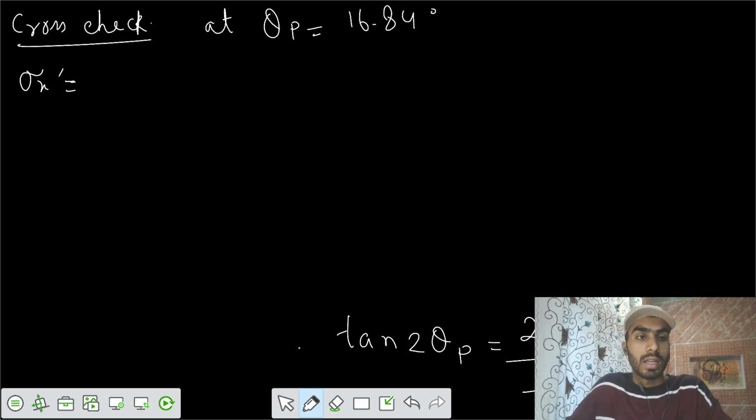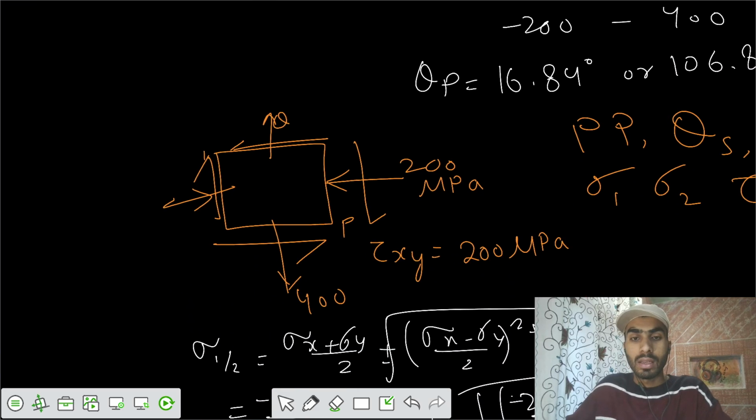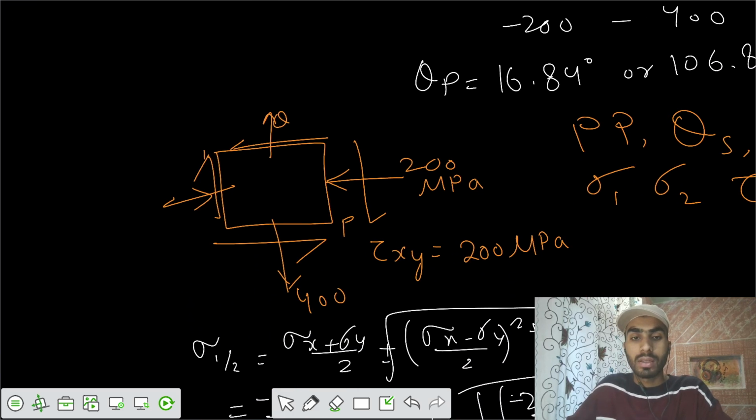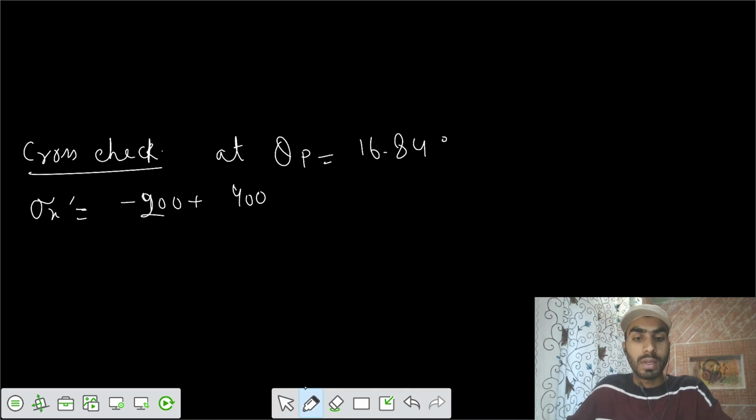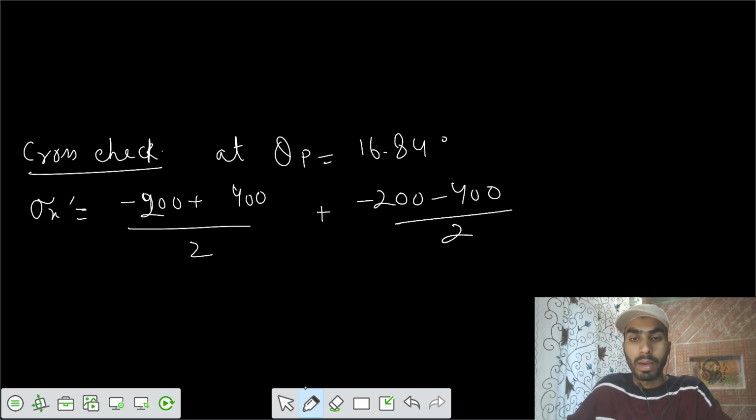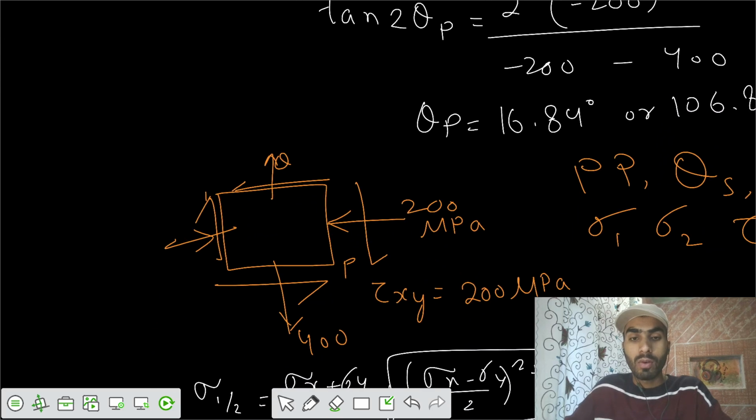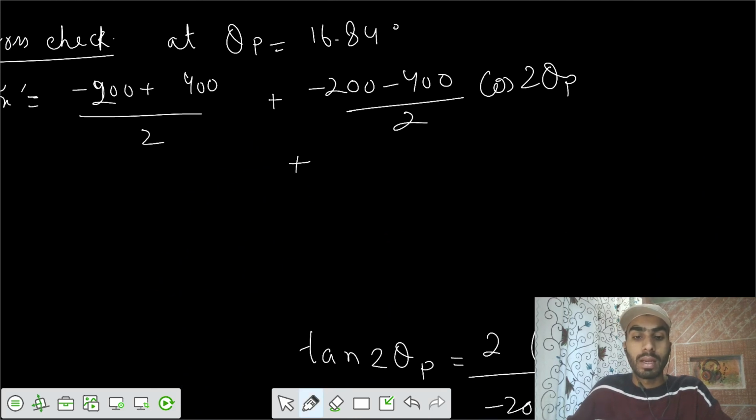We would write sigma x dash, for which we had derived the equation. Sigma x dash equals sigma x plus sigma y by 2 plus sigma x minus sigma y by 2 cos 2 theta p plus tau xy sine 2 theta p.